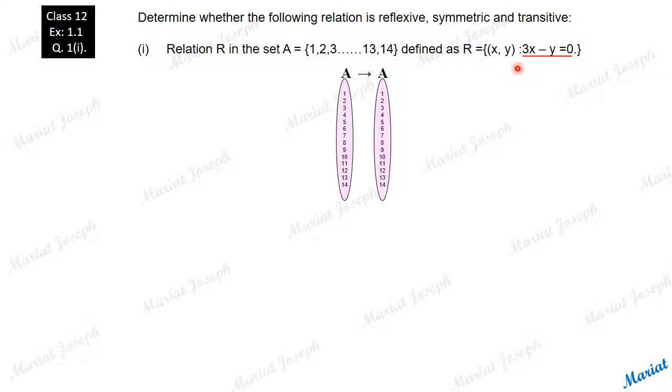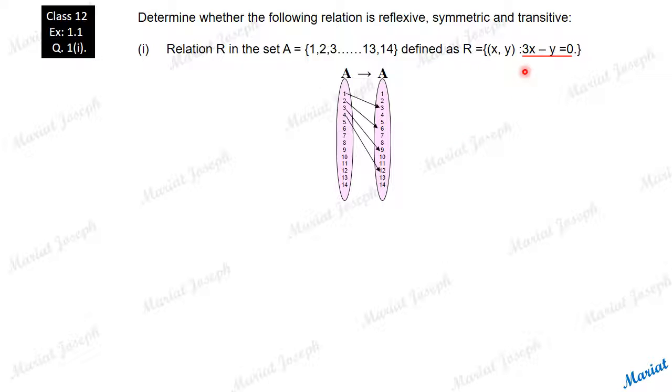Only those ordered pairs which satisfy this condition. Here we go: ordered pairs (1, 3), (2, 6), (3, 9) and (4, 12). These are the only 4 ordered pairs which will satisfy this condition.